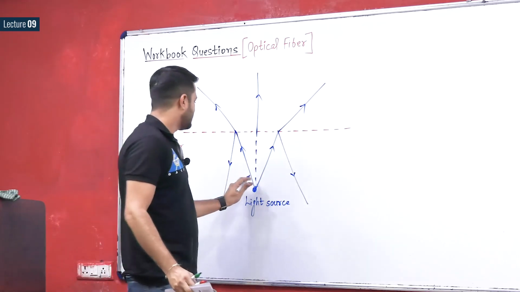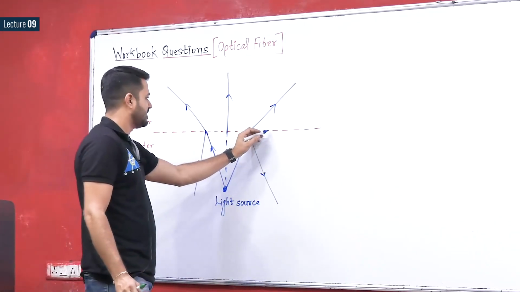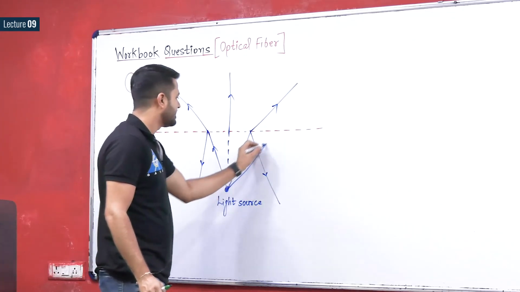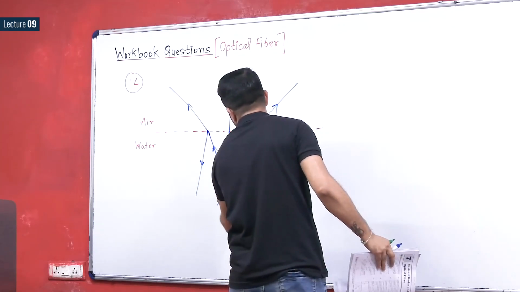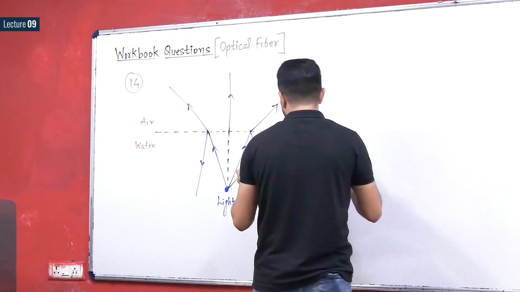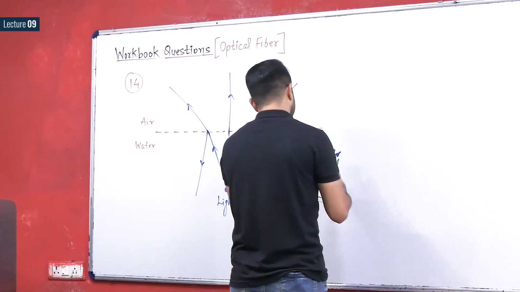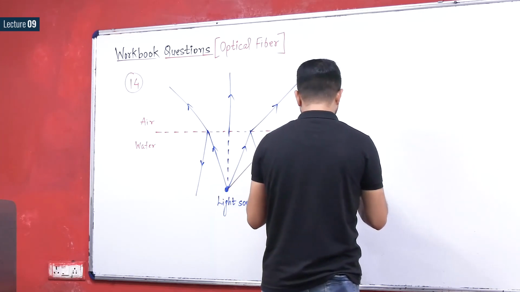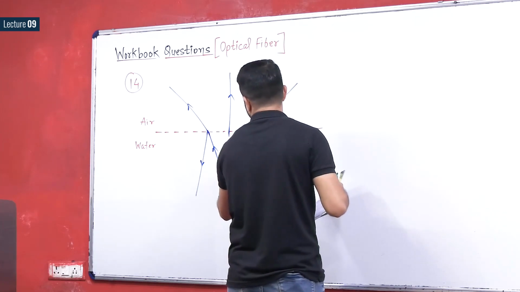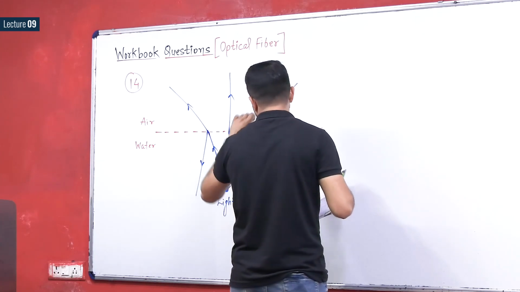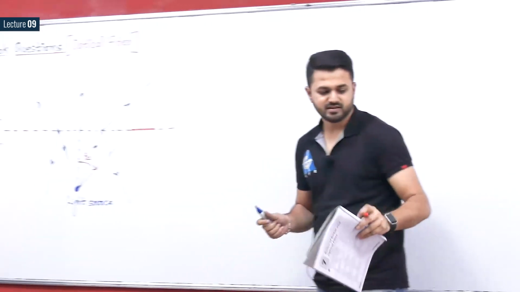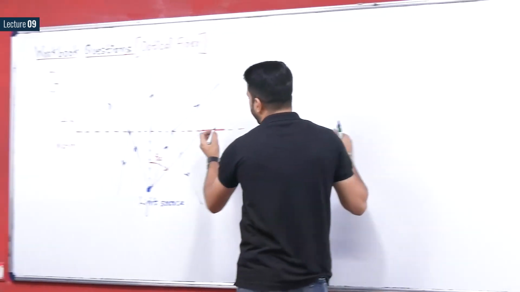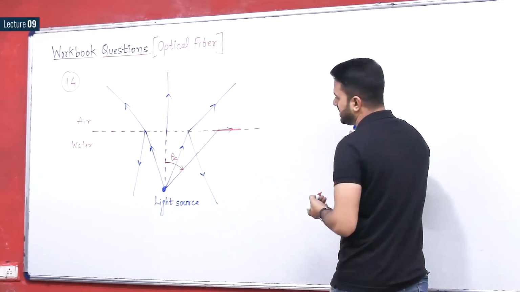Now the light which is on the interface is incident with an angle theta c, it is making an angle theta c, and because it is incident with the angle theta c, it is actually parallel to the interface.